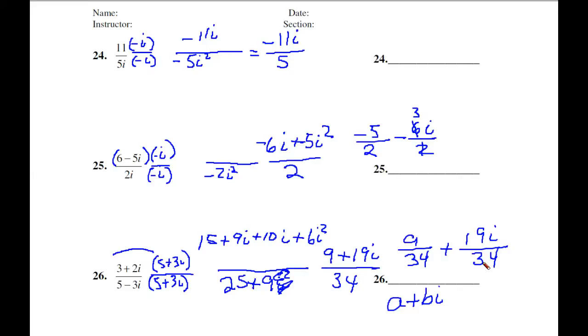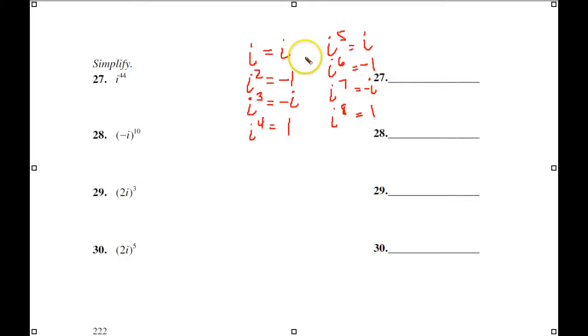Okay, almost finished. Now, I always like to give this little lesson here. We're talking about powers of i. So, what do we have here? We know that i equals i. And we know that i squared equals -1. Well, what does i to the third equal?